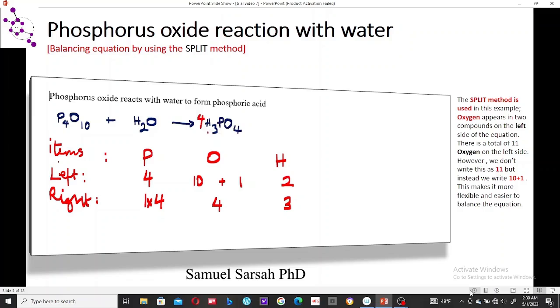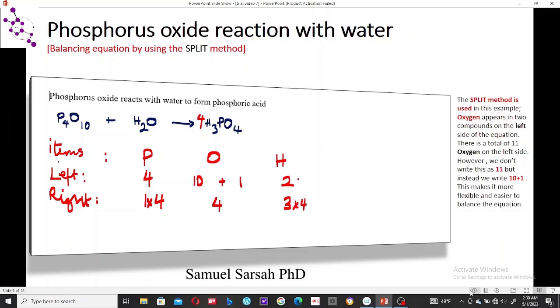So that means that for H's we have 3 times 4 on this. Now 3 times 4 is 12, so we have 12 H's on the right side.